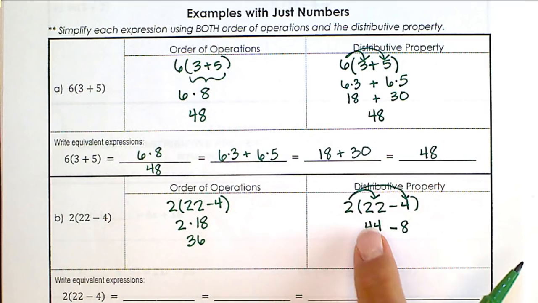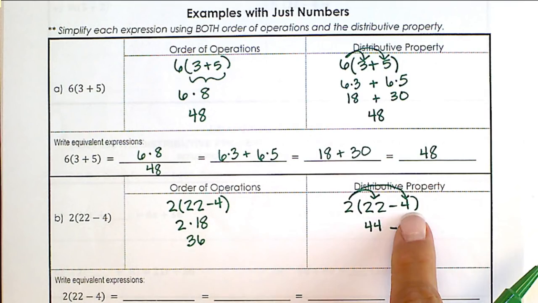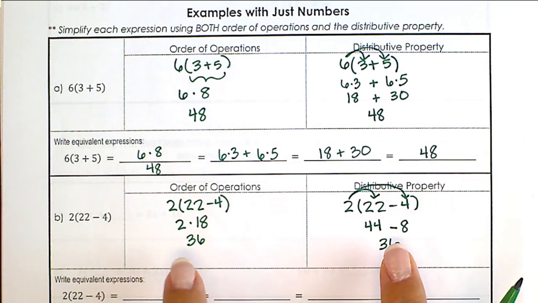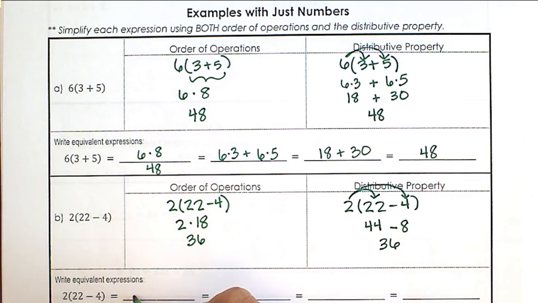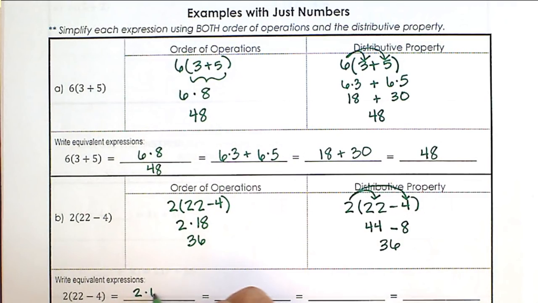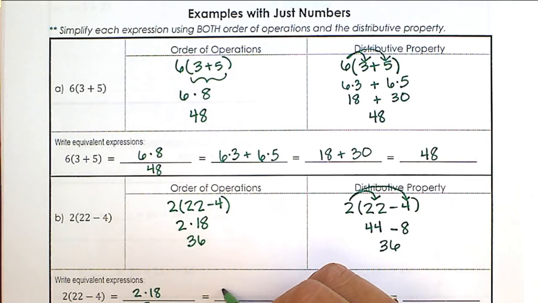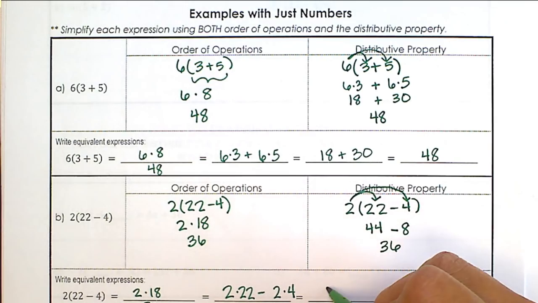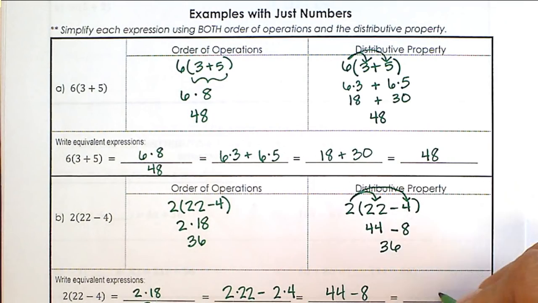So 2 times 22 is 44, 2 times 4 is 8, and 44 minus 8 is 36. So I know I can do this either way. So an equivalent expression could be 2 times 18, which we said was 36. We could do 2 times 22 and then subtract 2 times 4, which would give us 44 minus 8, and we would end up at 36 again.